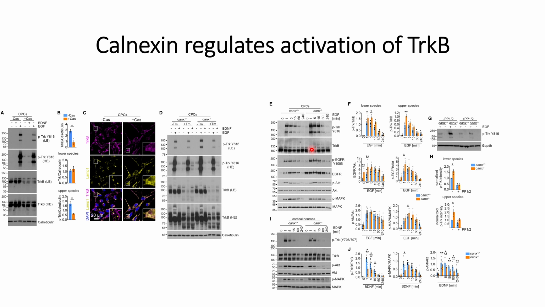And when they quantify these Western blots in panel F, looking at phosphorylated TrkB compared to the normal TrkB, that is the ratio of these two, they find that the difference between these two is statistically significant at 1 minute and 5 minutes.